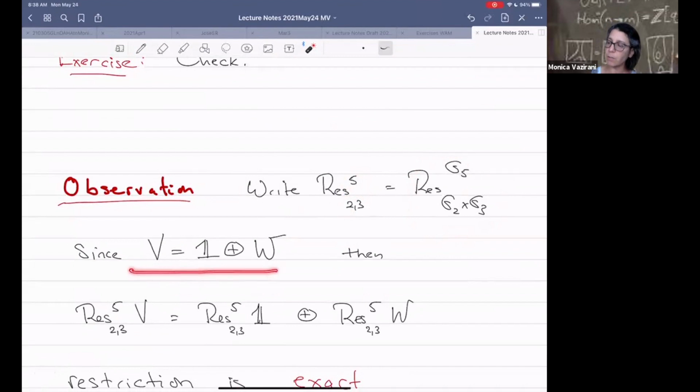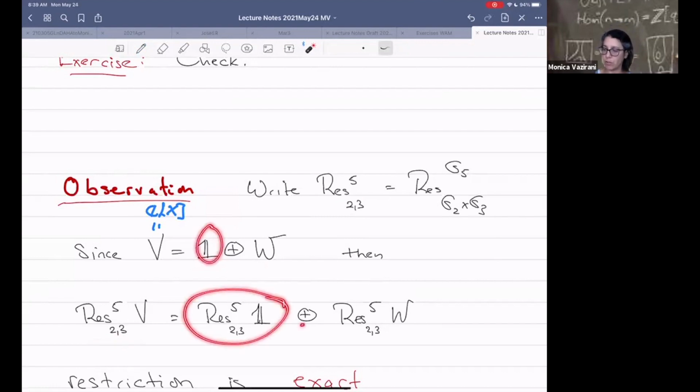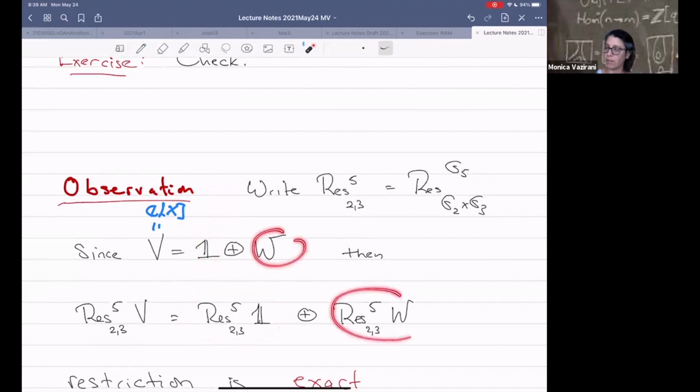Because I could decompose my V, which was again my permutation representation, as this fixed vector and this orthogonal complement, that still holds when I restrict to S2 cross S3. That restriction is going to decompose as the restriction to the first piece and the restriction to the second piece, and I still get this direct sum here.